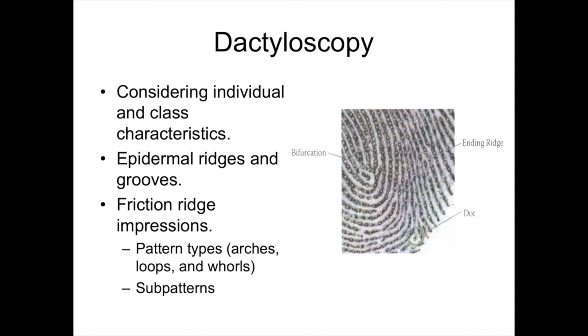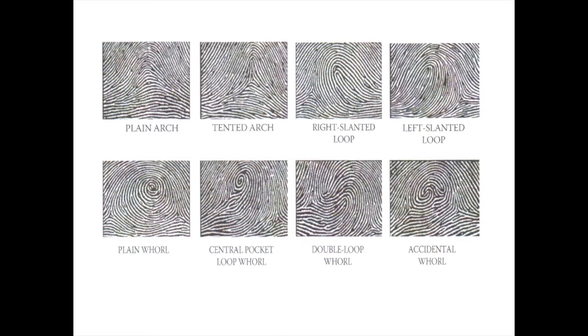Within those categories, there are eight sub-patterns or sub-categories, and I'll have you take a closer look at these. Feel free to zoom in on some of this. I'll make sure to have a resource to accompany this lecture for you to look at more closely as well, to see the various subclasses or categories that are assigned to human fingerprints.